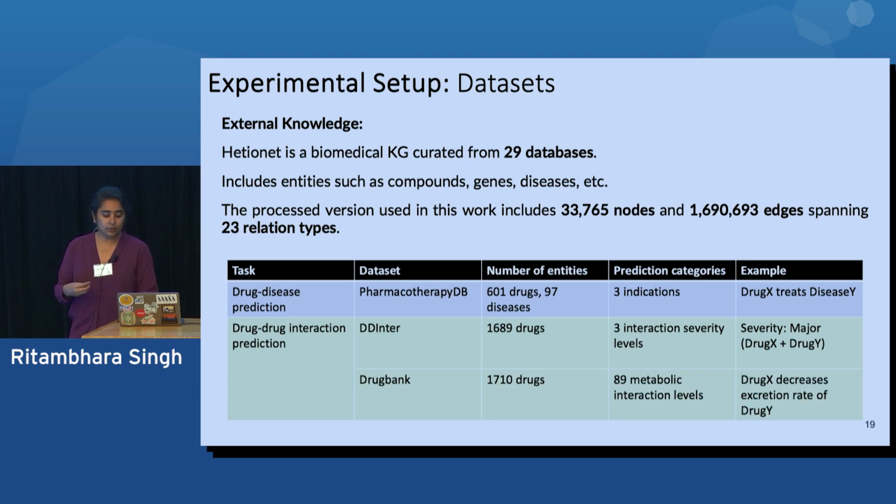And then we also included the DrugBank database in this task, which has 89 different possible predictions capturing the metabolic interaction level. So this is a little bit more comprehensive. It has things like this decreases the rate of that. As you can tell, I have sorted these tasks going from the simplest to the most complex, with the DrugBank-related one being the most complex prediction task.